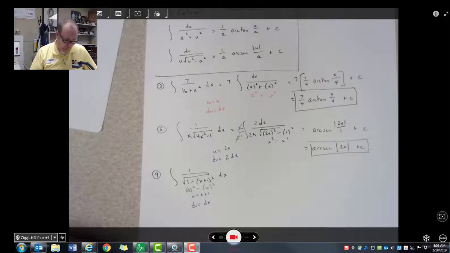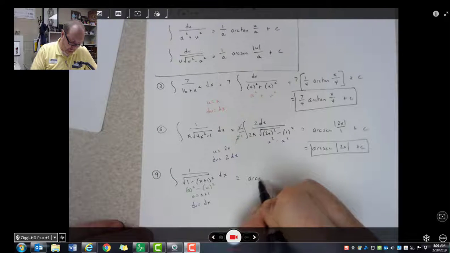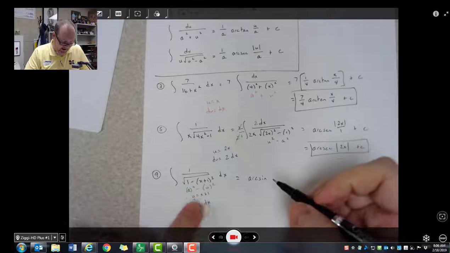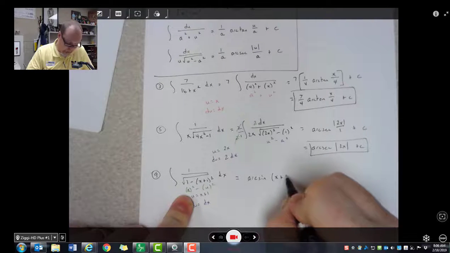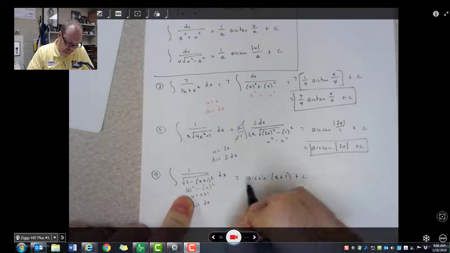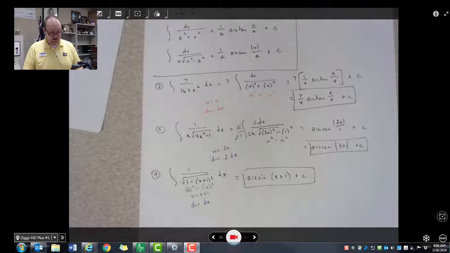So it fits the form for the arcsine. So u over a, x plus 1 over 1. I'm not even going to put the denominator of 1, plus the constant of integration. All right, so again, on all these, we're looking for opportunities to use those 3 formulas.